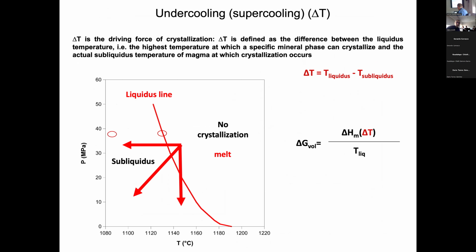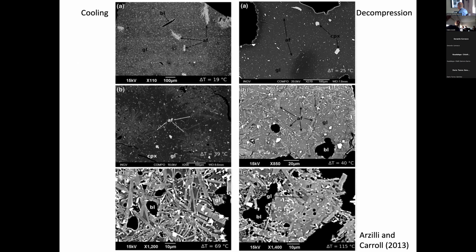We can see the effect of these conditions on alkali feldspar crystallization, and these are backscattering images, and these are basically alkali feldspar. The white dots are magnetite and pyroxene.